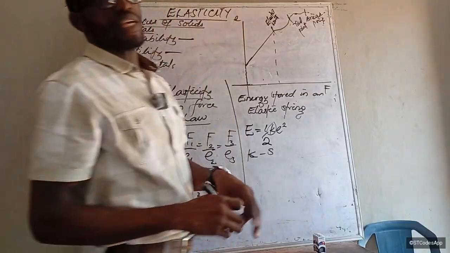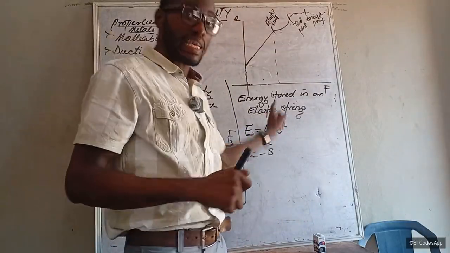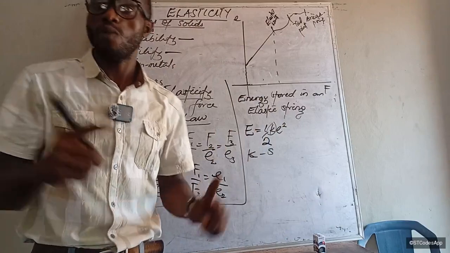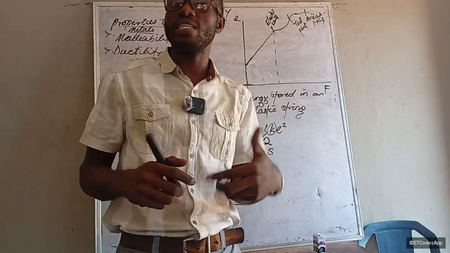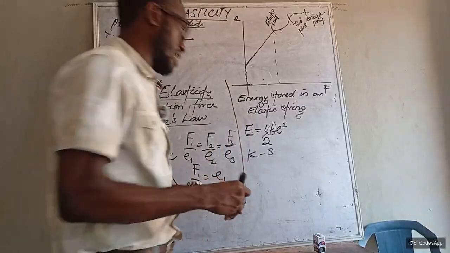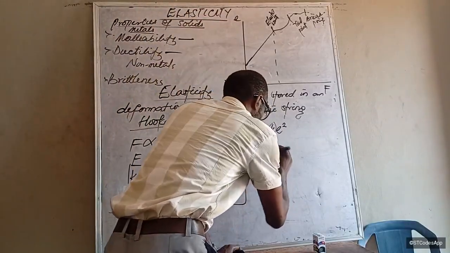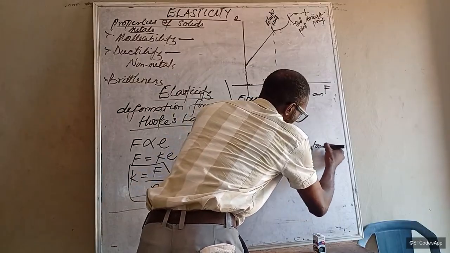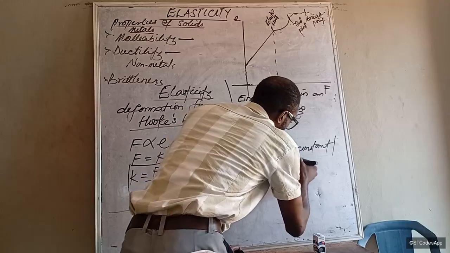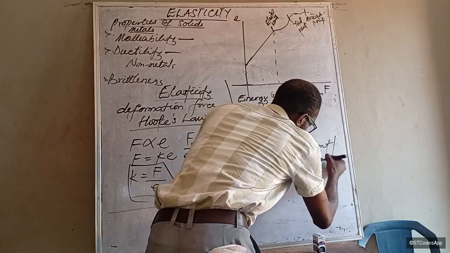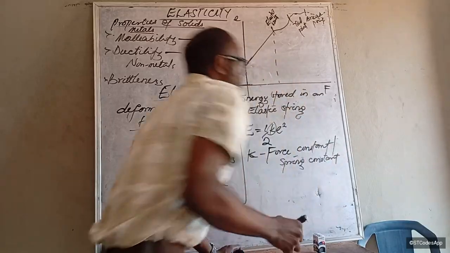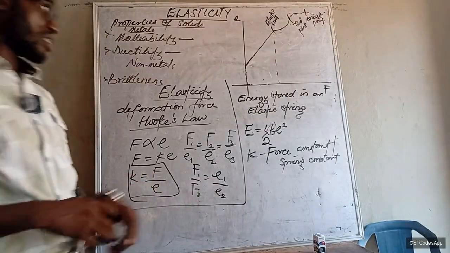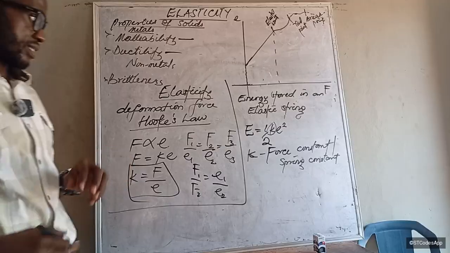If it's a string, the string can be elastic or inelastic, but a spring is always elastic. So we call it the force constant or spring constant.